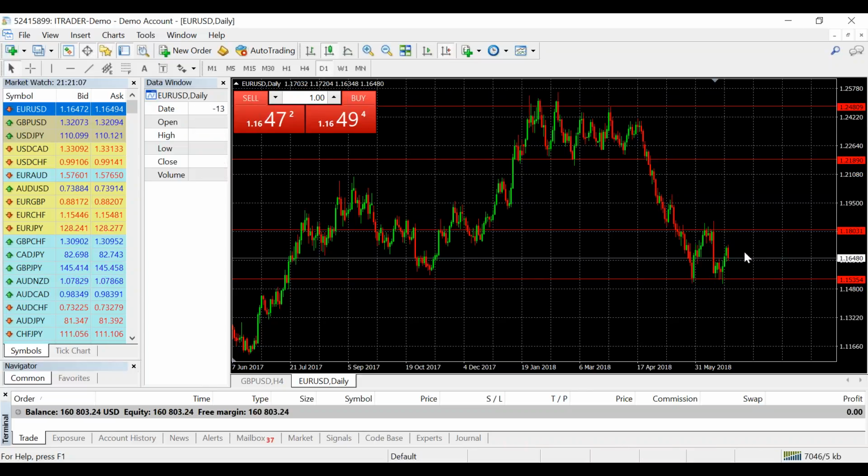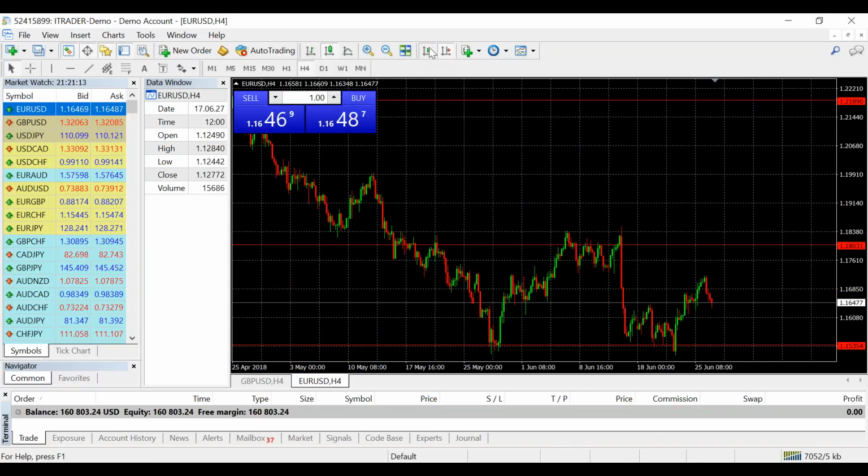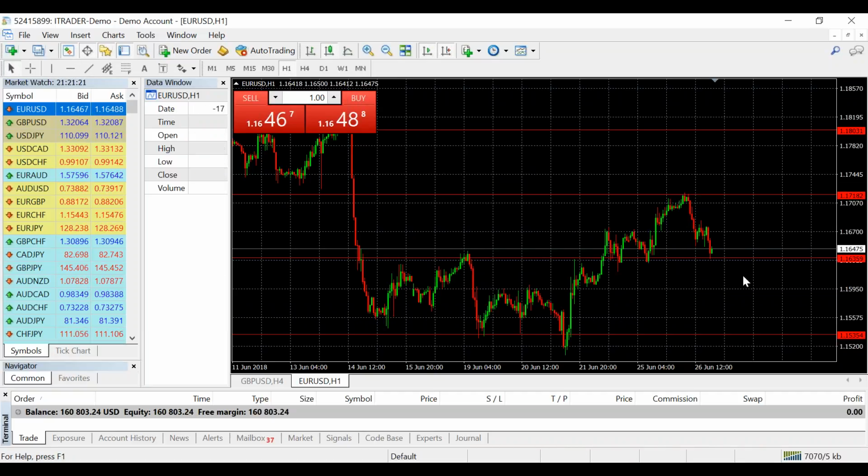Then I'm getting the chart, so I know the highs and the lows of any event. And then you could go down to 4 hours, and then 1 hour, and then set a new resistance line, new support line here, and then we have a setup of the highs and the lows.